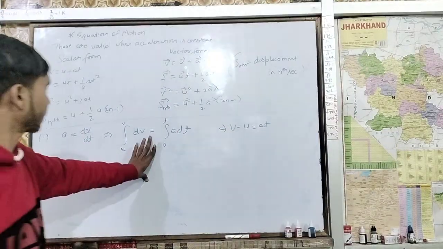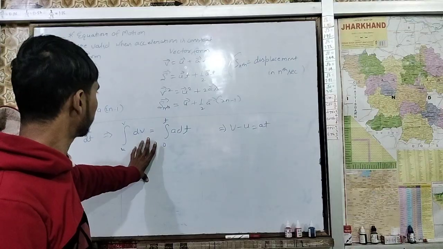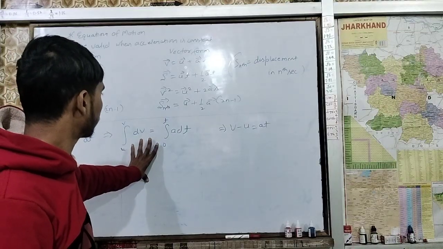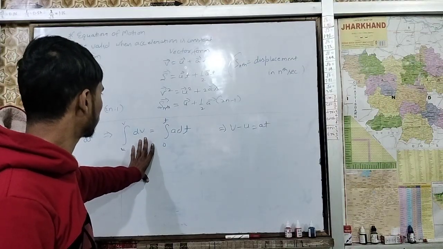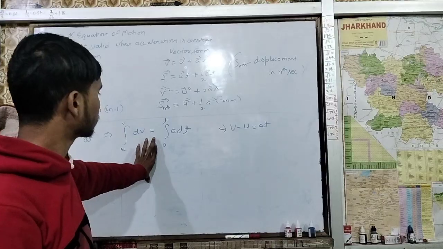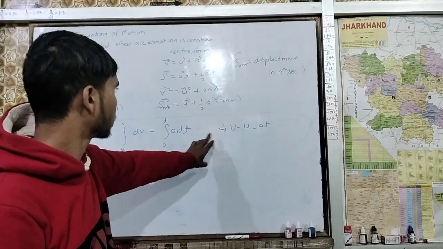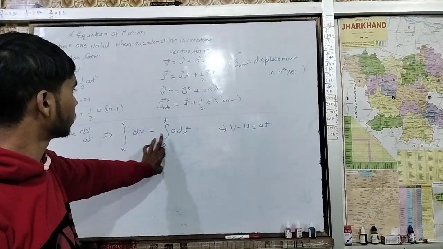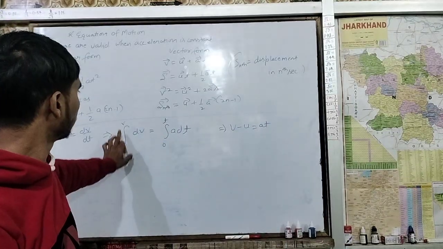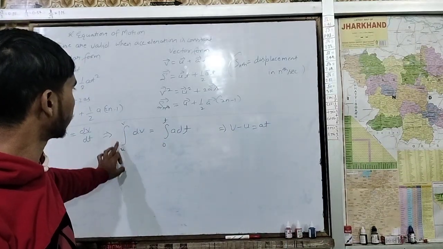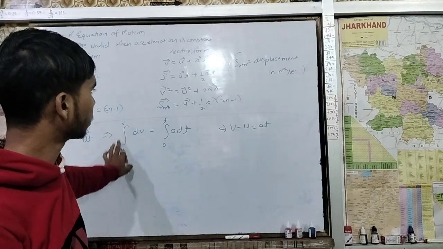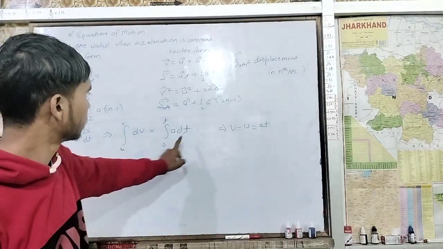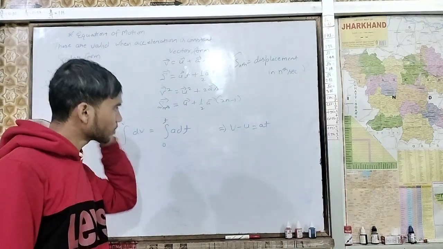From here, a stays as it is, and we know dv is nothing but v minus u, final minus initial, and this will be at.